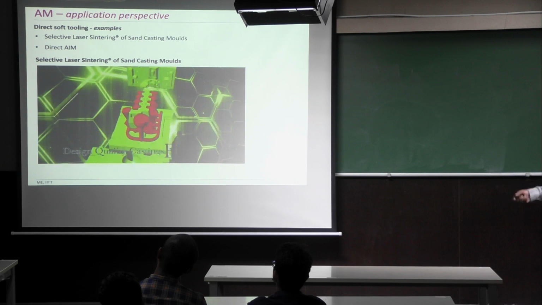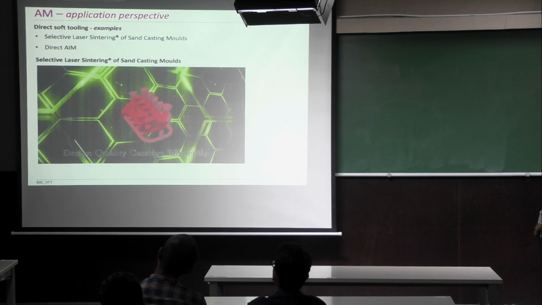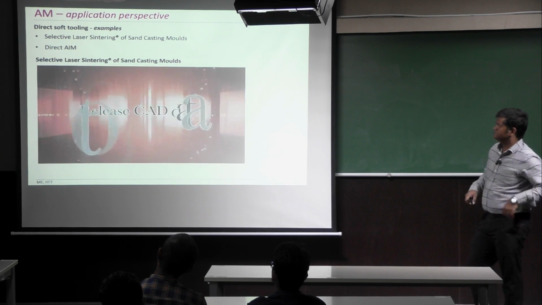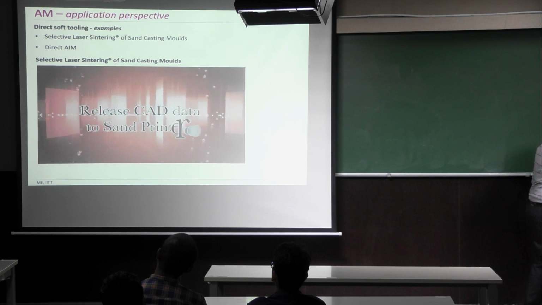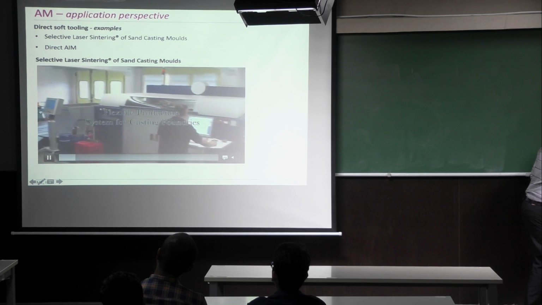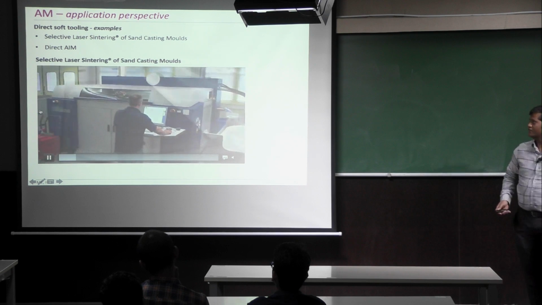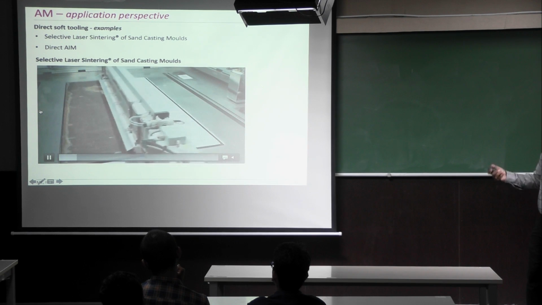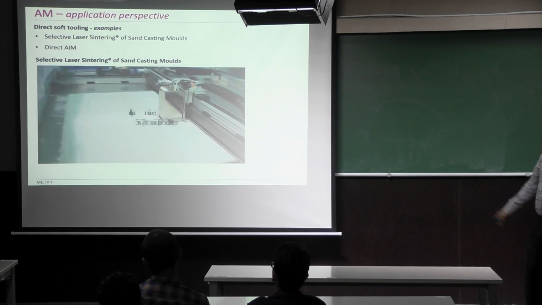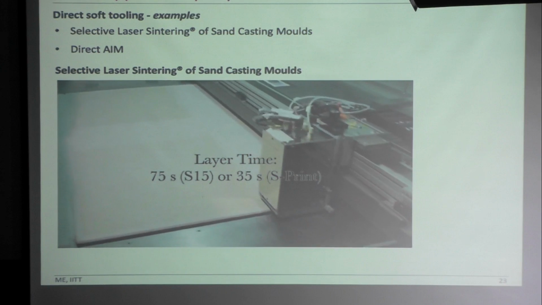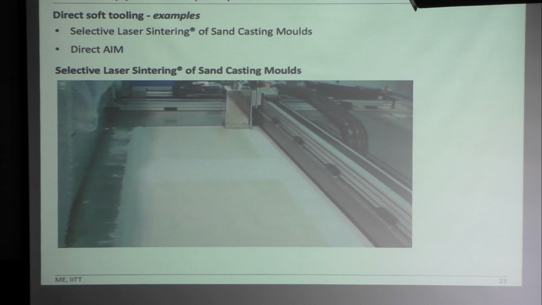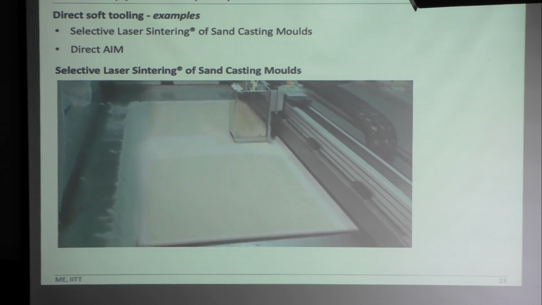So we have the cores. Similarly, one layer of the sand is being spread, and then the laser melts the sand particles coated with the binder. Here the sand particles are coated with binders, and those binders are melted by the laser.